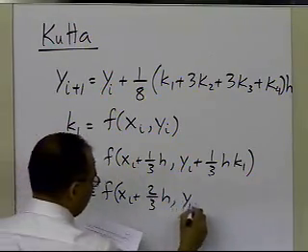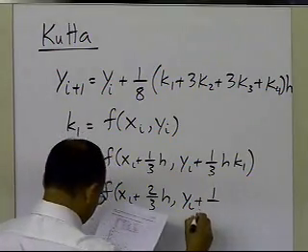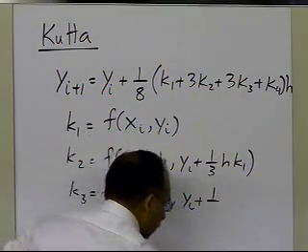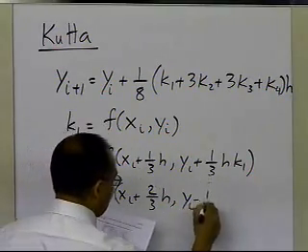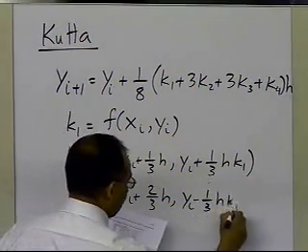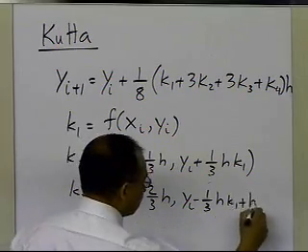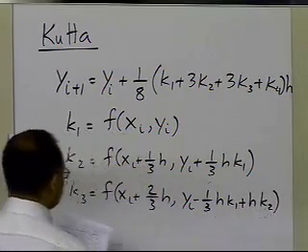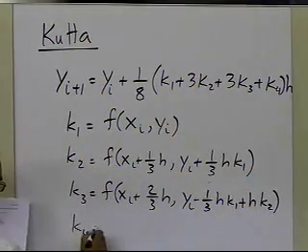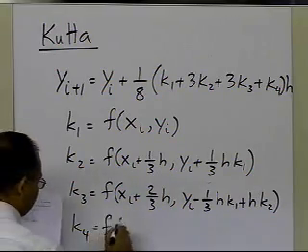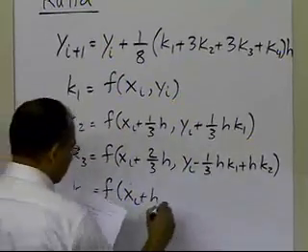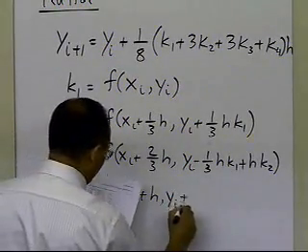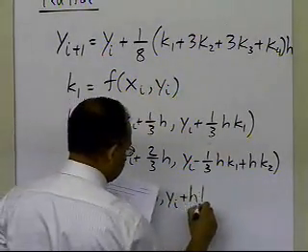We need the corresponding value of y at that point, which is y sub i minus 1/3 h K1 plus h K2. And K4 is the value of the function at the point where you want to be, which is x sub i plus h, and the value of y is calculated using this formula.